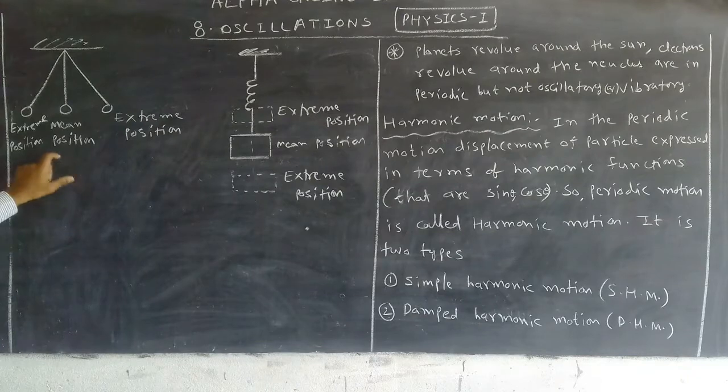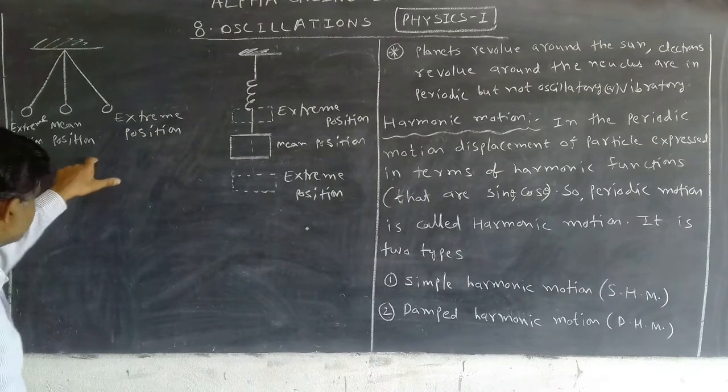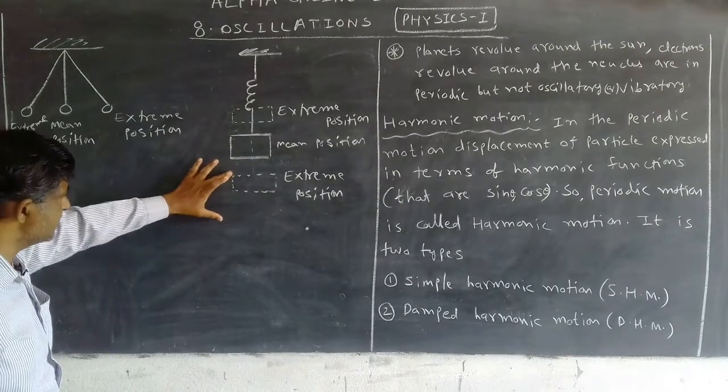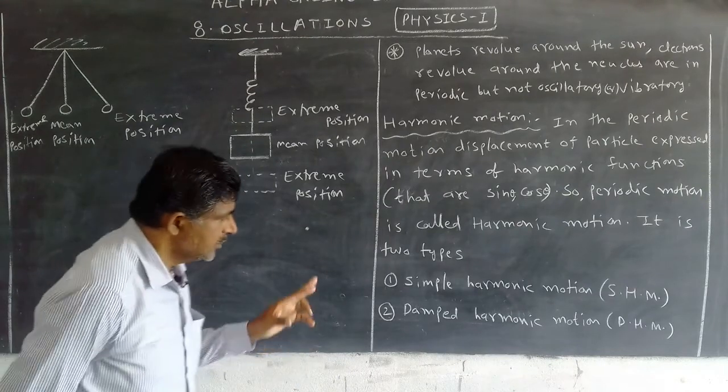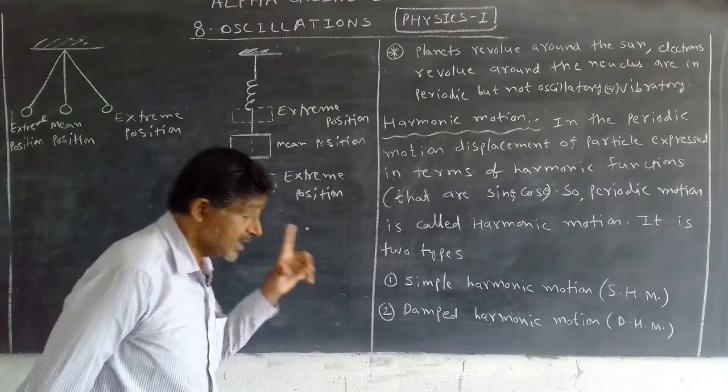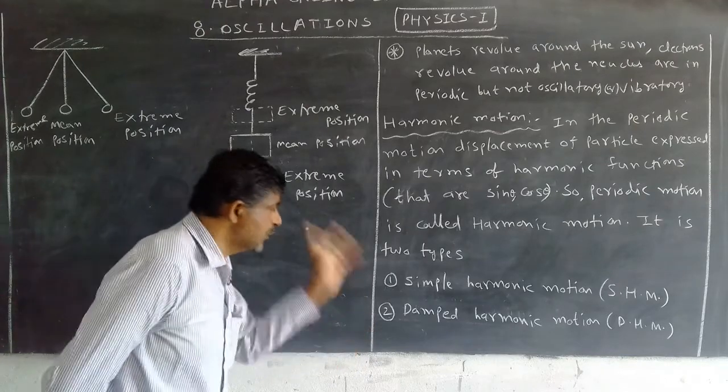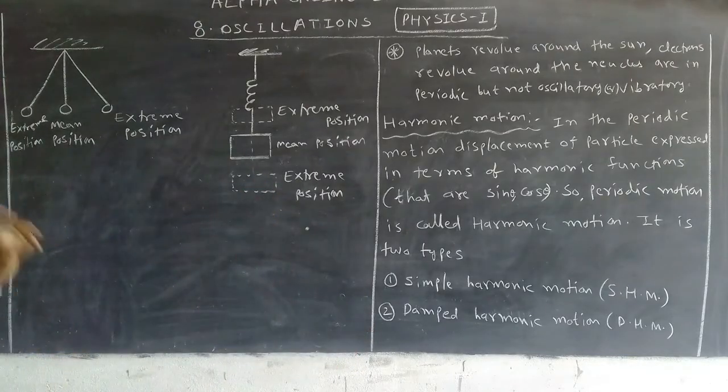And the displacement of the particle in this periodic motion is expressed in sine and cos theta. That's why it is called harmonic motion. And harmonic motion is how many types? Two types. One is simple harmonic motion, another one is damped harmonic motion.